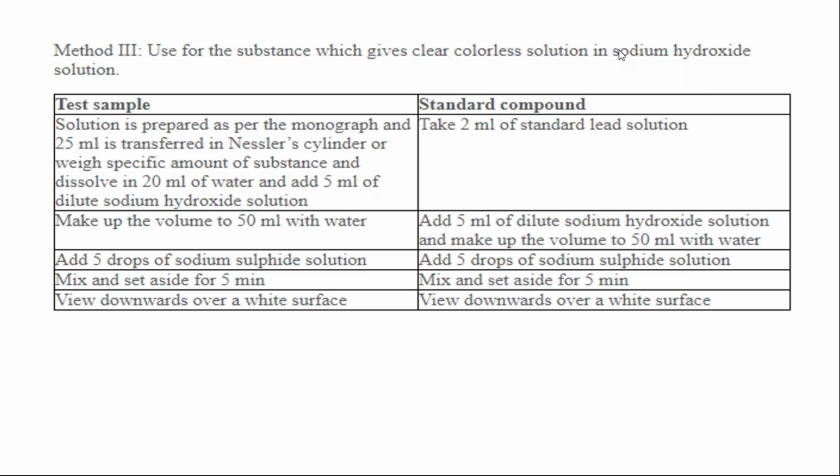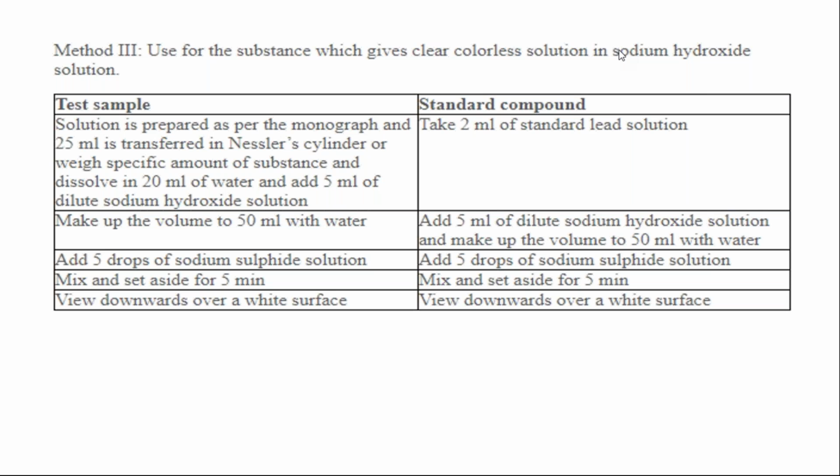So look at the procedure for the test sample. Solution is prepared as per the monograph and 25 ml is transferred, or you're going to weigh a specific amount of substance, dissolve it in 20 ml of water and add 5 ml of dilute sodium hydroxide solution. Once you have added, you make up the volume to 50 ml with water, and then add 5 drops of sodium sulfide solution.